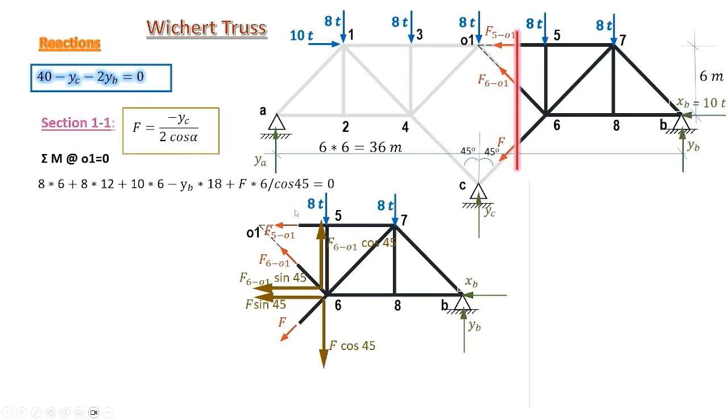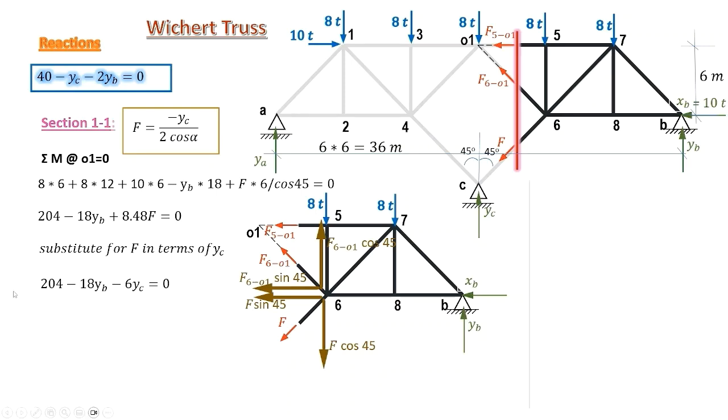This is 6 meters divided by cosine 45. This gives another relationship between YB and F. Substituting for F from the above equation previously computed in terms of YC, we get a relationship between YB and YC.